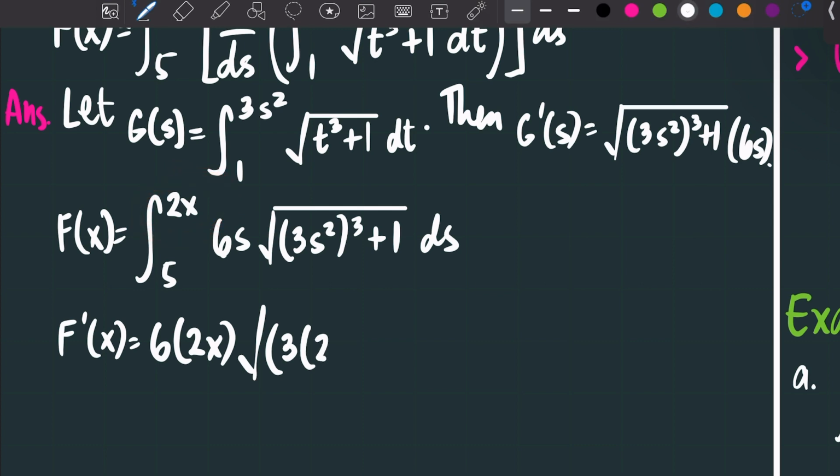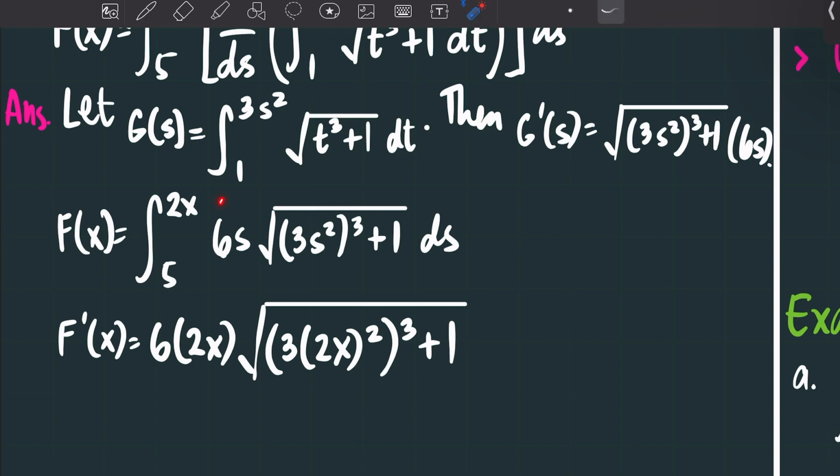So, 3 times 2x squared raised to 3 plus 1 times yung derivative nito, which is 2. So, that's it for number 3. And that ends our discussion sa first fundamental theorem of calculus.